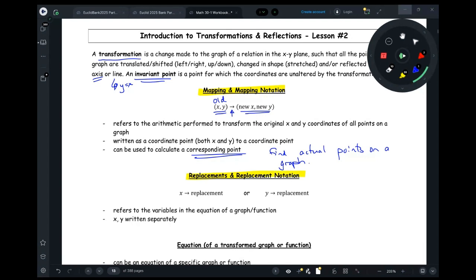Now, another way that we talk about the transformations here is replacements and replacement notation. When we talk about replacement, we're talking about replacing within the function notation.